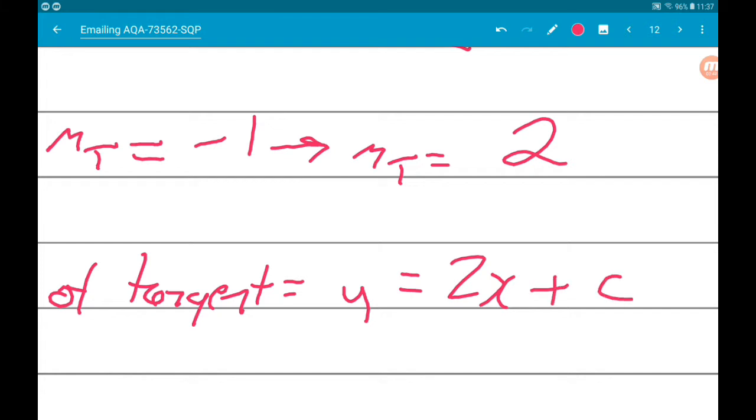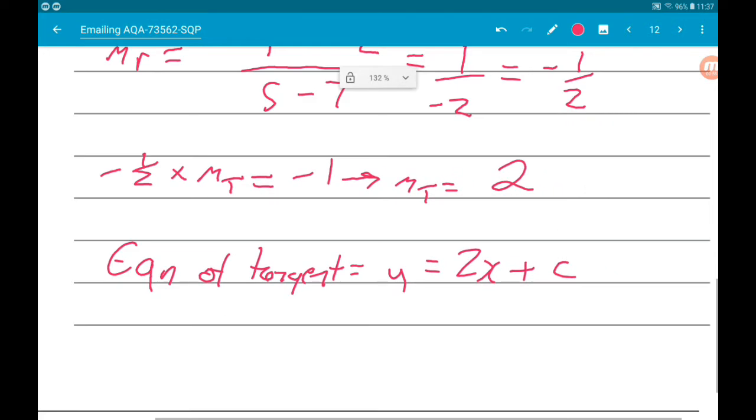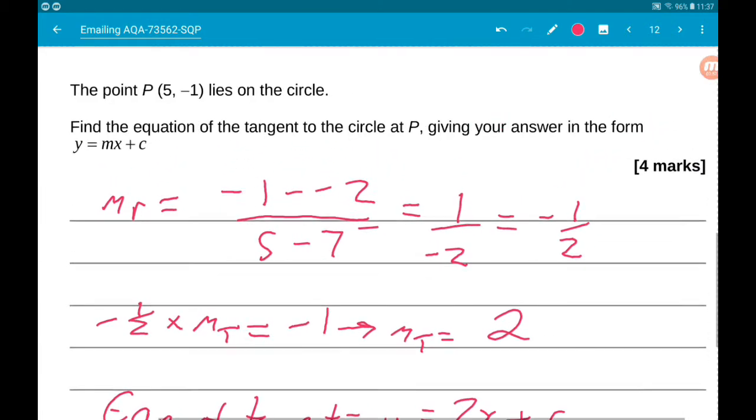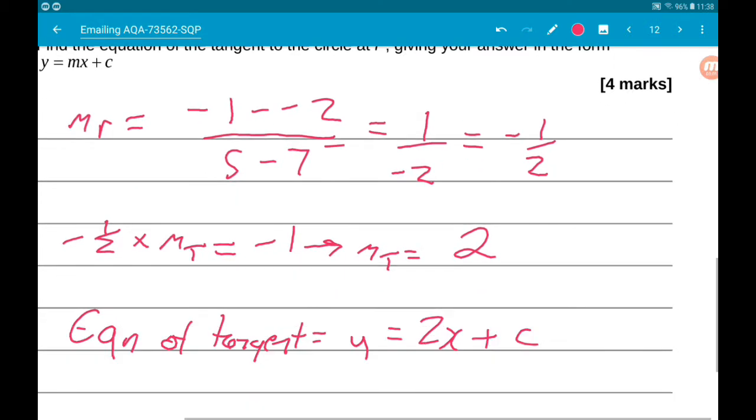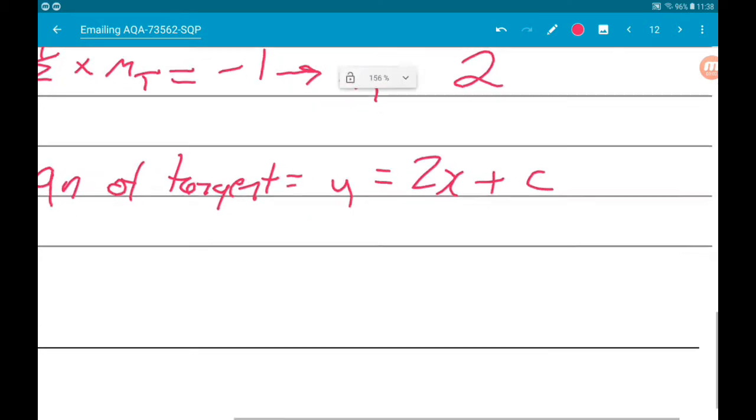Now to find the value of c, we substitute in the coordinates of the point P. So we know when x is 5, y is −1.